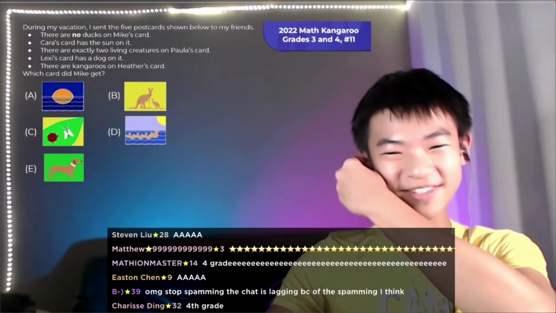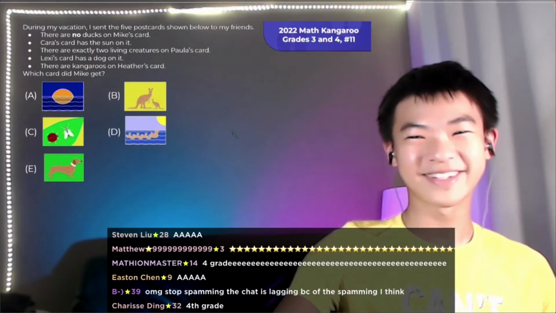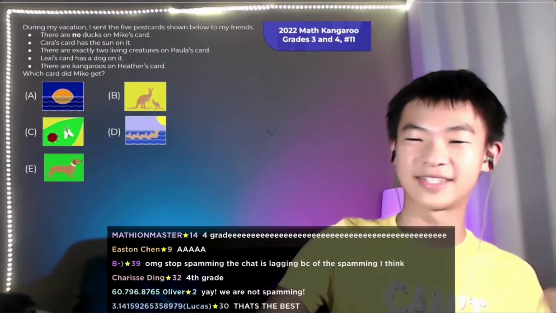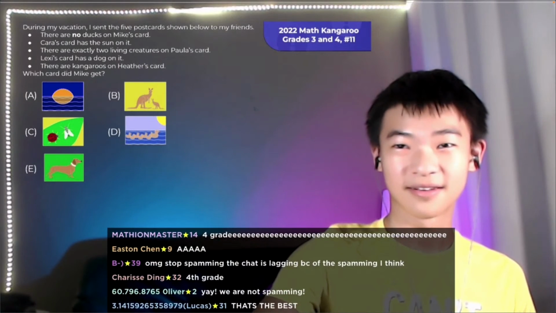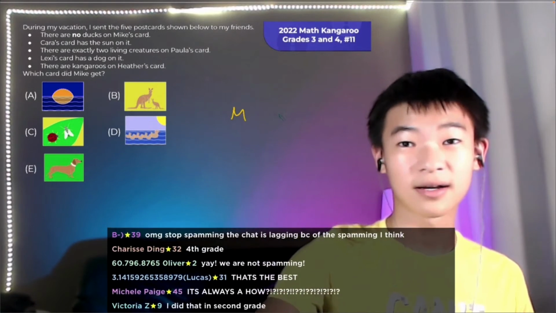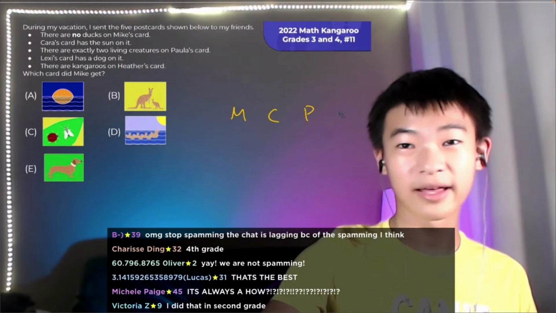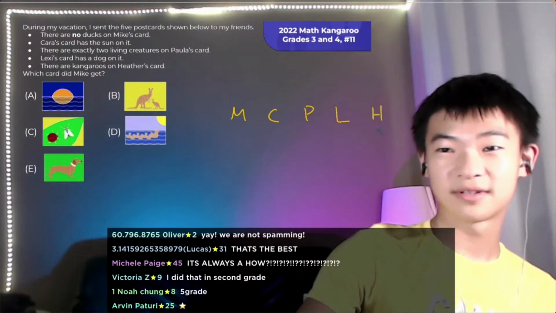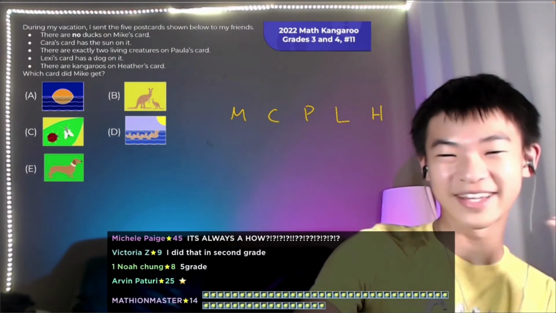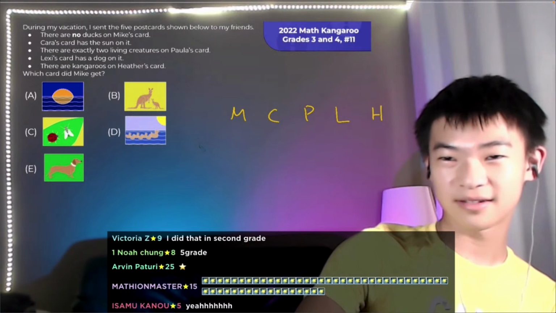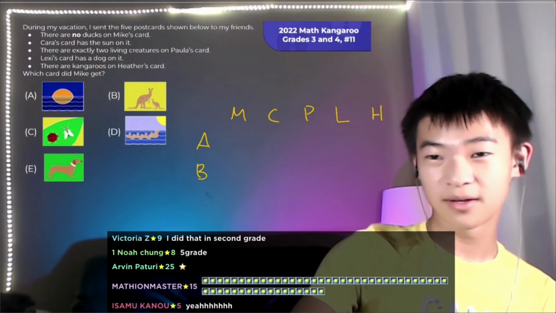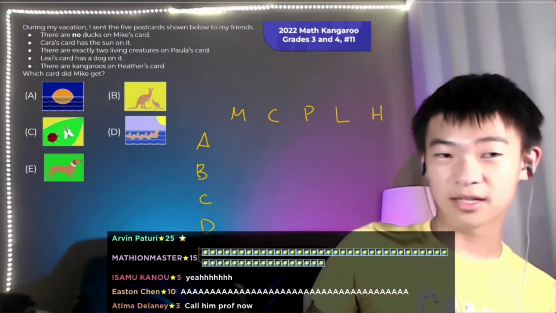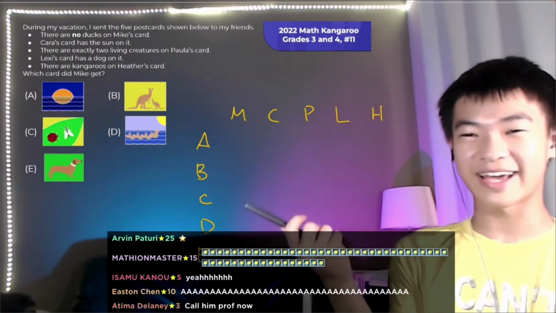But if you're stuck or just for fun, I find it very interesting also to attempt a sort of grid way to do this. So if you had Mike, Kara, Paula, Lexi, and Heather, and then in the columns, we'll do postcard A, postcard B, postcard C, postcard D, postcard E. And then basically what we would do in this chart is do checks and X's.